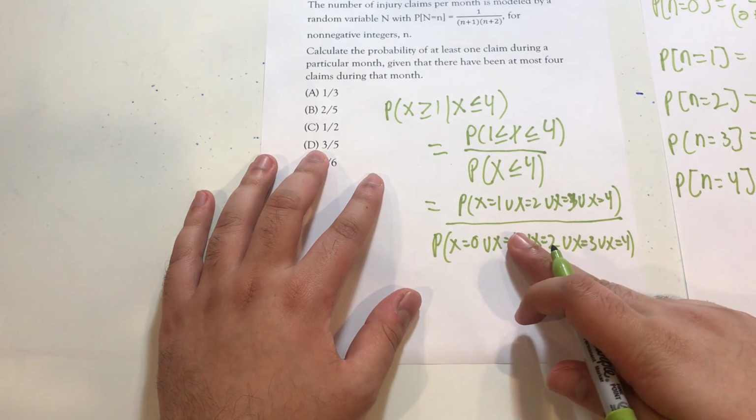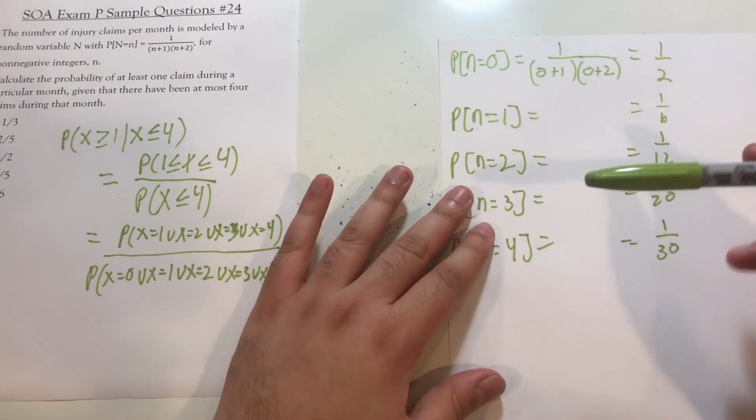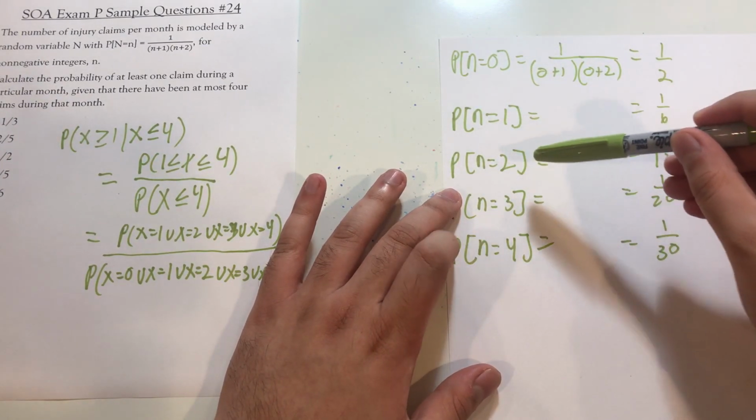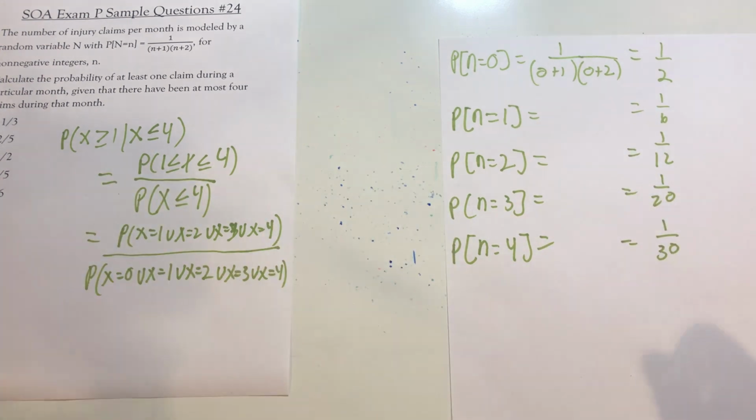So in my numerator, that's the probability of this happening, or this, or this, or this. So I just sum them up, and I'll punch those into my calculator: 1 over 6 plus 1 over 12 plus 1 over 20 plus 1 over 30.